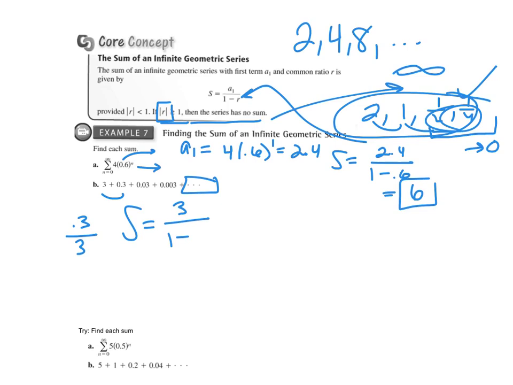So you end up with 1/10 or 0.1. If you divide 3 by 1 minus 0.1, you actually end up with 3 1/3. Or, to make your life easier, 10/3 is probably a little bit easier to work with.